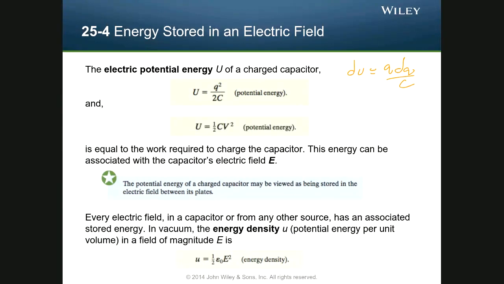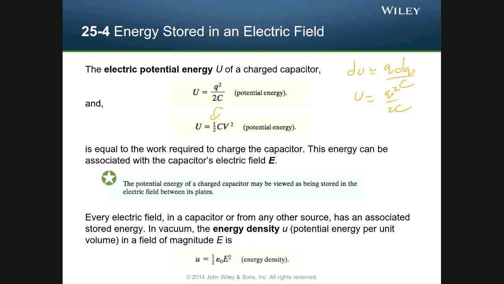And now when you integrate this up, you're going to get Q squared over 2C. Ha! See? I'm awesome. And it's pretty simple using your definition of capacitance to go from this equation to this equation for potential energy.